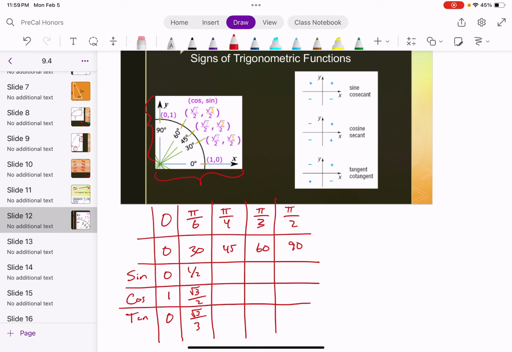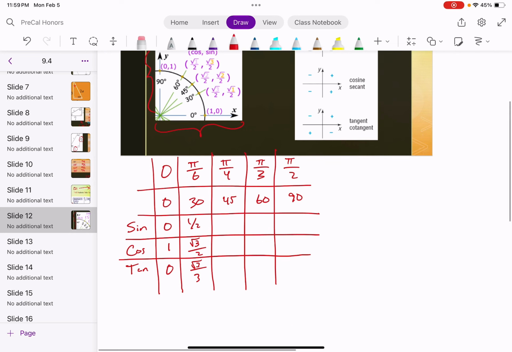Let's fill in the rest for pi over 4, pi over 3, and pi over 2. Pi over 4 is a 45-degree angle. Now keep in mind this would be square root of 2 over 2, square root of 2 over 2. And our last answer for tan would be 1. Pi over 3 would be square root of 3 over 2.